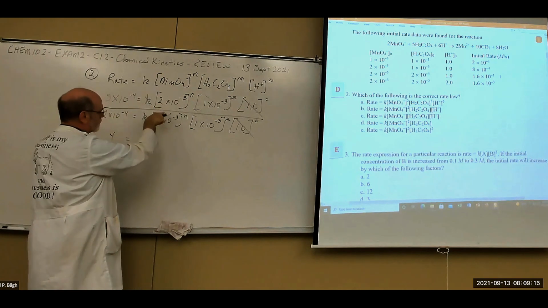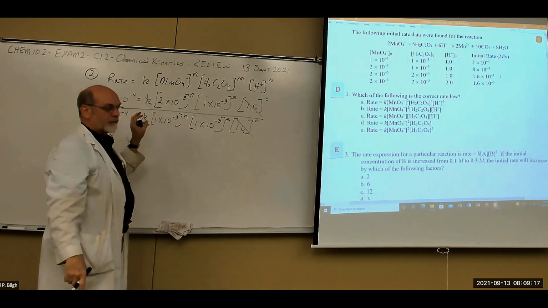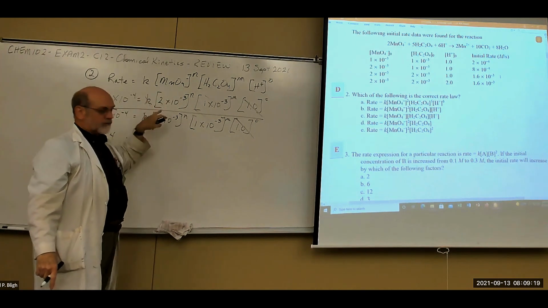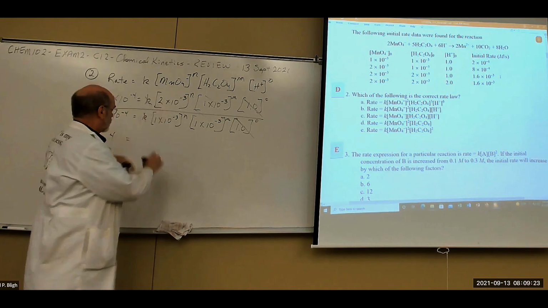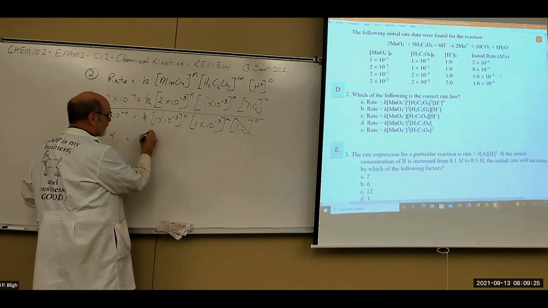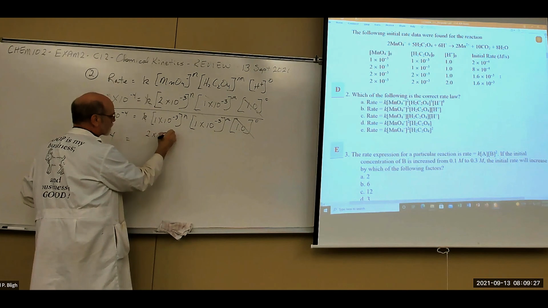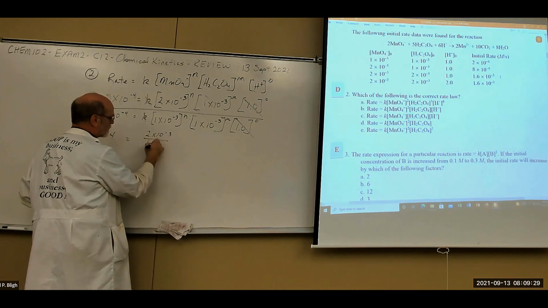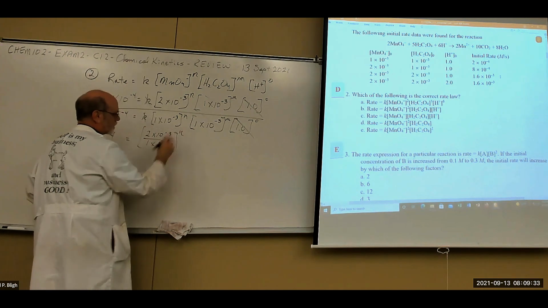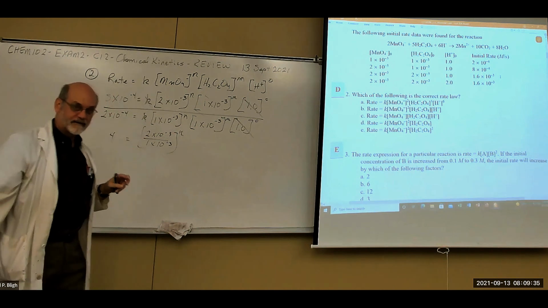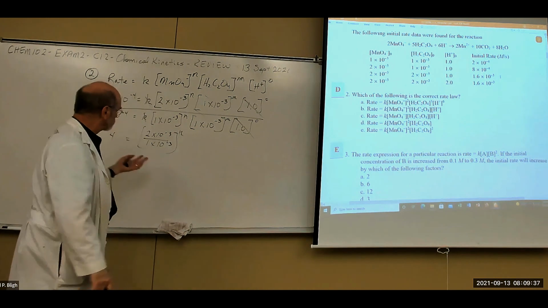So you really only have this one, which is, and if you have two base numbers to the same power, then mathematically speaking, you have 2 times 10 to the minus 3 divided by 1 times 10 to the minus 3, to that power. That's a mathematical rule.